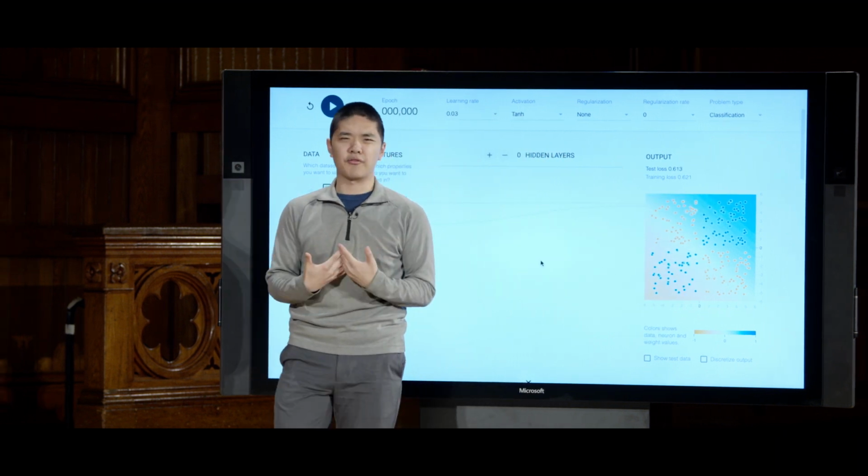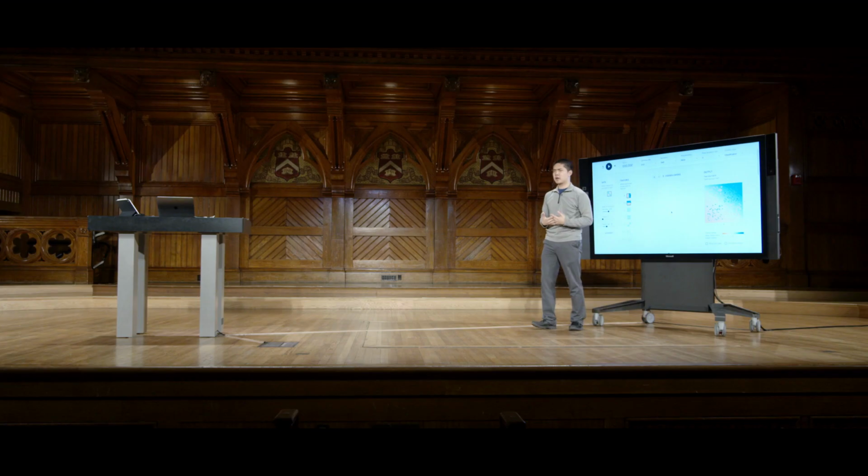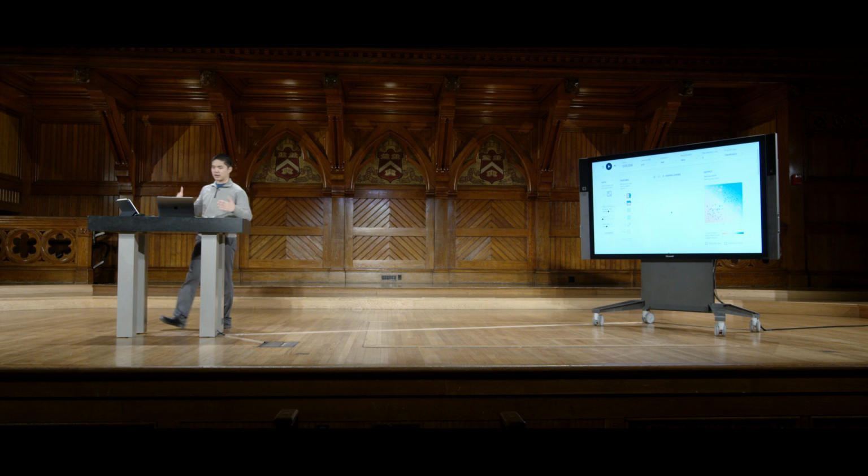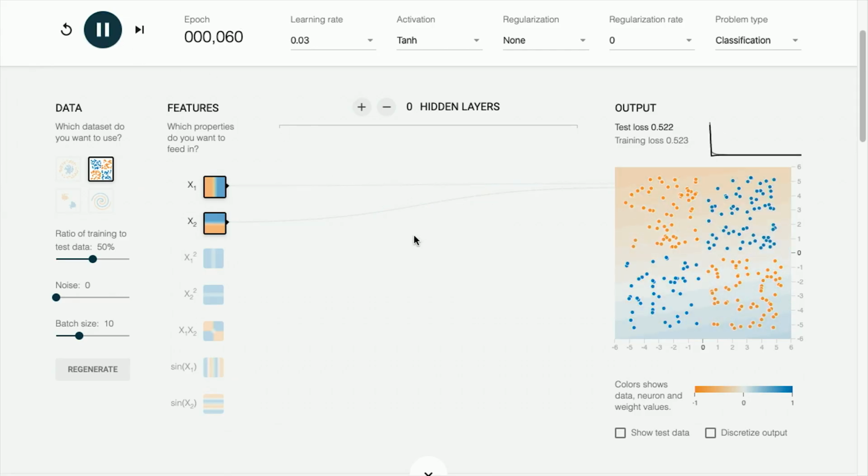It's a more complex function to be able to learn. So let's see what happens if we just try and predict, based on those inputs, the x and y coordinates, what the output should be. I'll press play. And what you'll notice is that we're not really able to draw much of a conclusion, that we're not able to very cleanly see how we should divide the orange points from the blue points. And you don't see a very clean separation there.